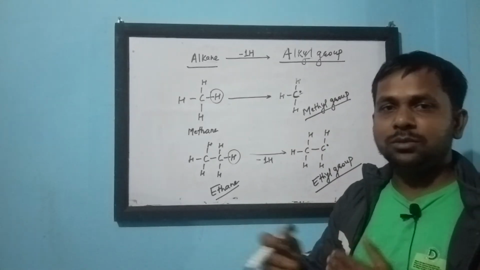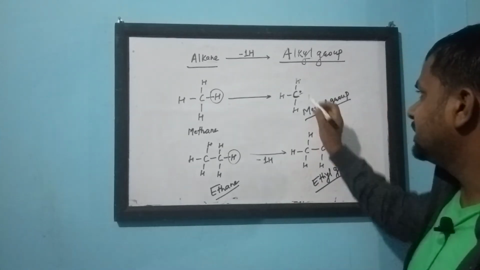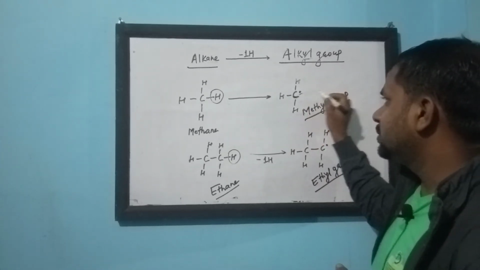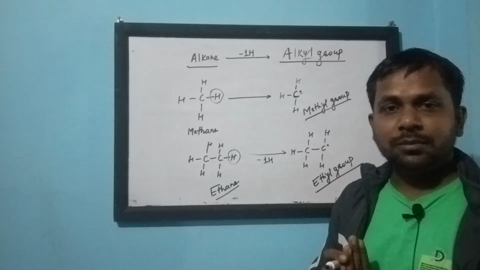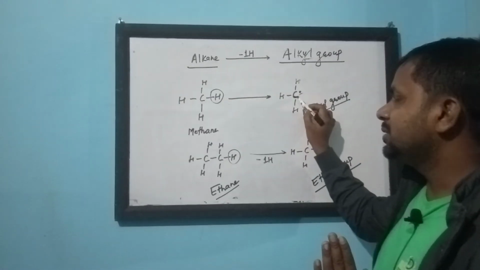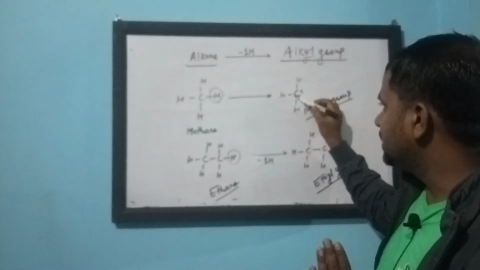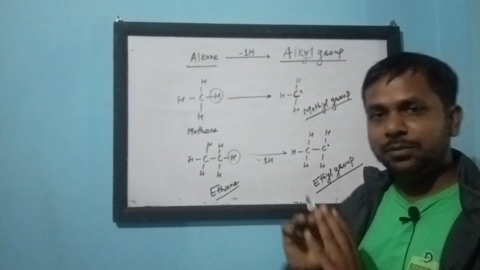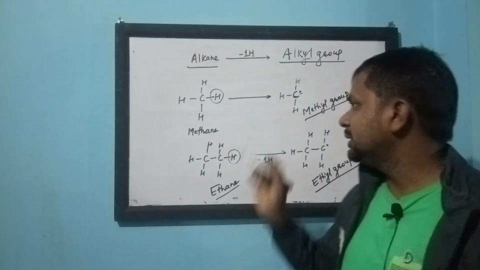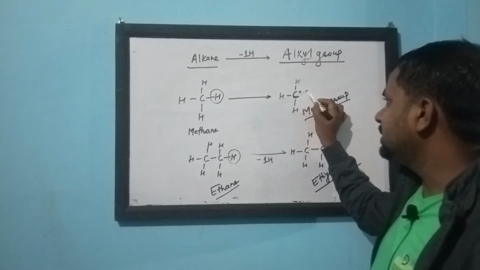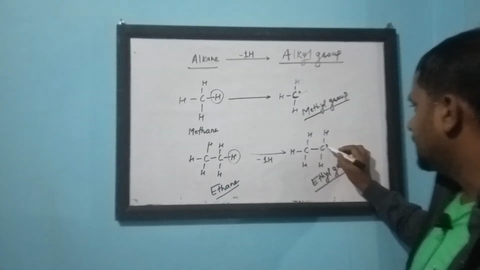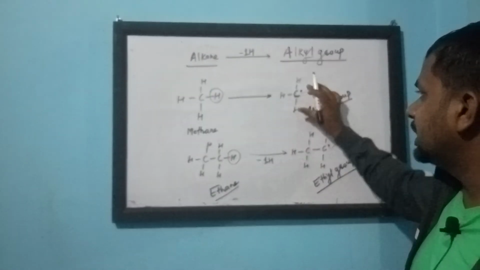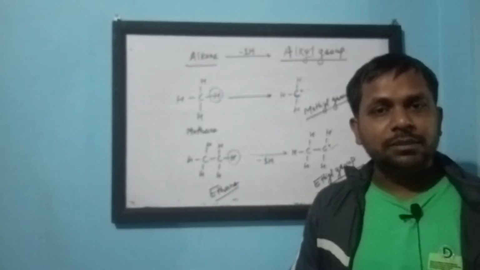This electron wants to get shared with any other group here, because the octet of carbon is not completed, because only 2, 2, 2, that is 6 electrons and 7 electrons are present around the carbon. This carbon wants to share this electron. This alkyl group is highly reactive group.